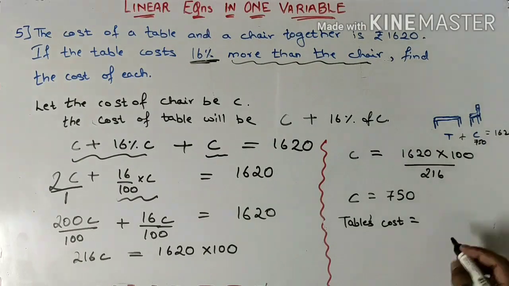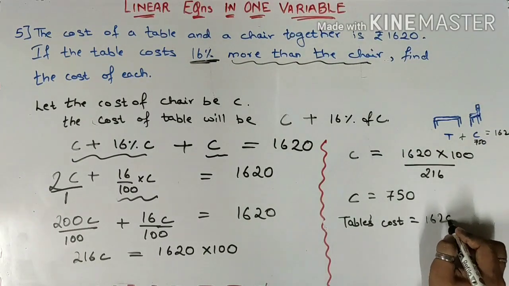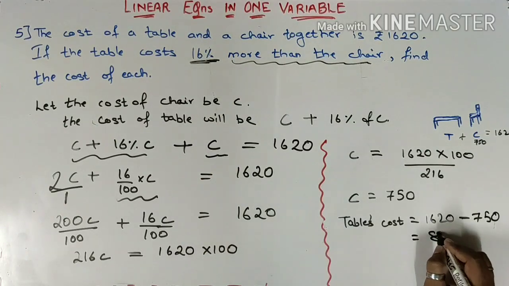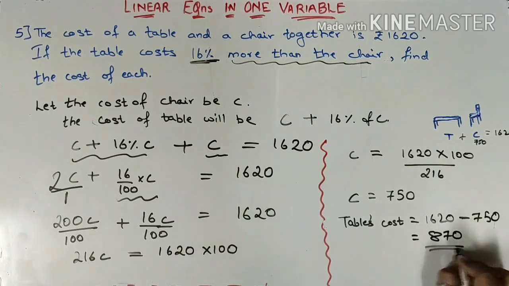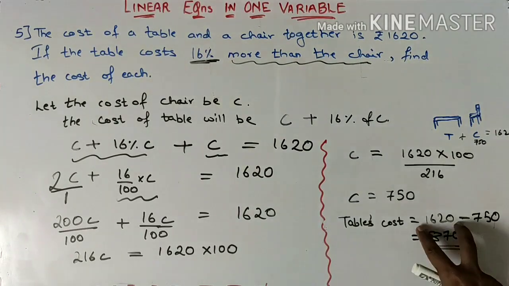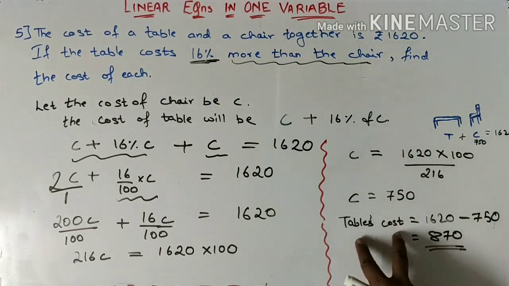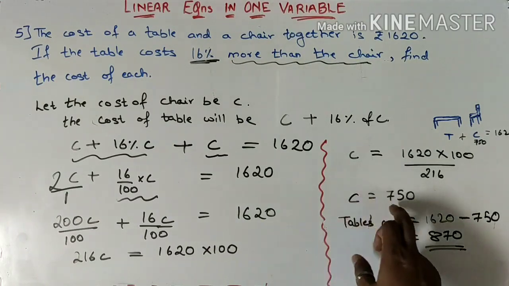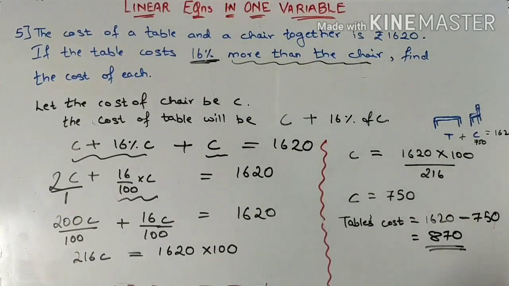So 750 goes on the other side and becomes 1620 minus 750, and the answer is 870. So total cost minus chair's cost will give me table's cost. Hence the answer statement will be, the cost of the table is rupees 870 and the cost of a chair is rupees 750.